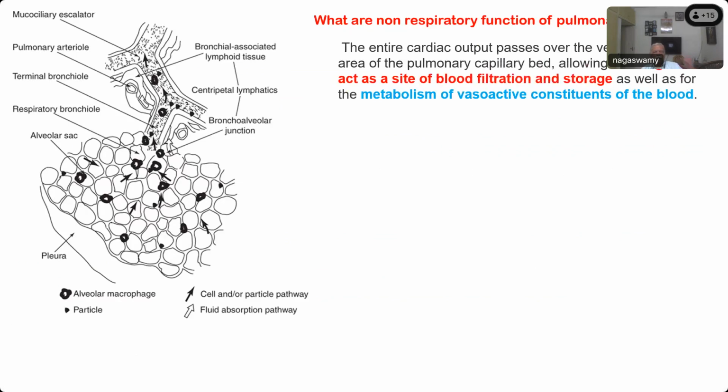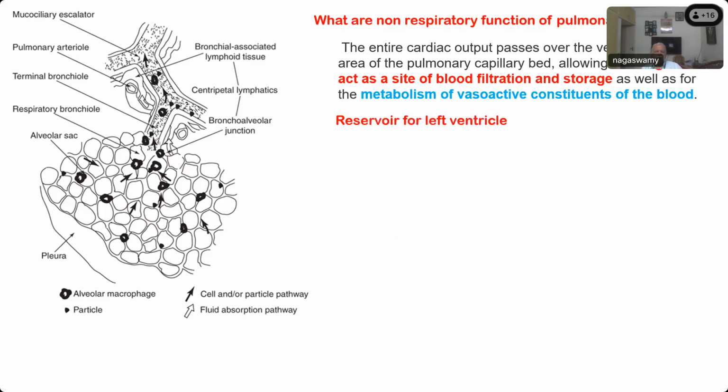So these are all the other functions of the pulmonary circulation, the non-respiratory functions. Respiratory function is mainly for gas exchange, whereas for non-respiratory function, the entire cardiac output passes over a very large surface area of the pulmonary capillary bed, allowing the lungs to act as a site of blood filtration and storage, as well as for metabolism of vasoactive constituents of the blood.